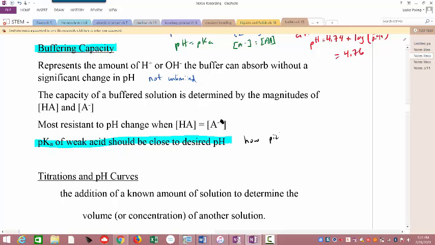That is how you pick which acid to use. You know what pH you need, so you find the one where the pKa is closest to your desired pH.